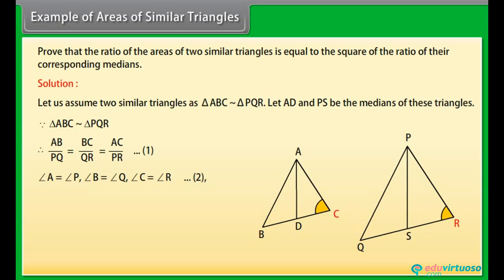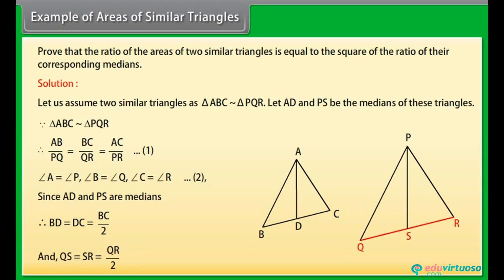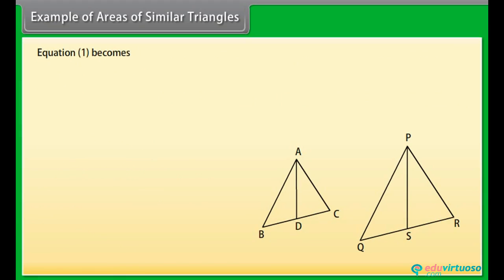Mark it as 2. Since AD and PS are medians, therefore BD is equal to DC, which equals BC upon 2, and QS is equal to SR, which equals QR upon 2. Equation 1 becomes AB upon PQ as BD upon QS, which is equal to AC upon PR, which is equation 3.